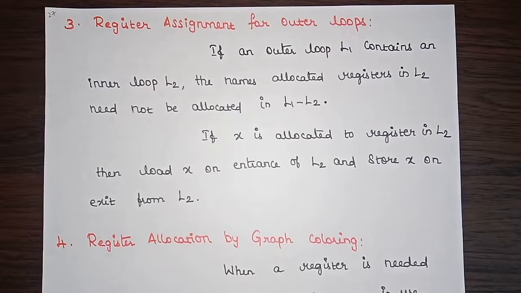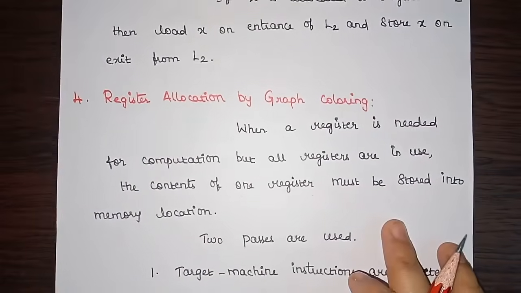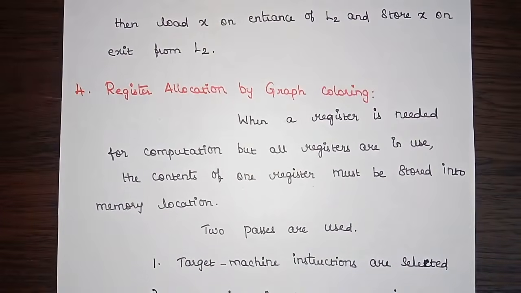And the next one is register allocation by graph coloring. Here the case is when a register is needed for computation, but all the available registers are in use, which means there is no empty register to hold a new variable. So what we can do is store the content of one of the used registers into a memory location to free up that register.